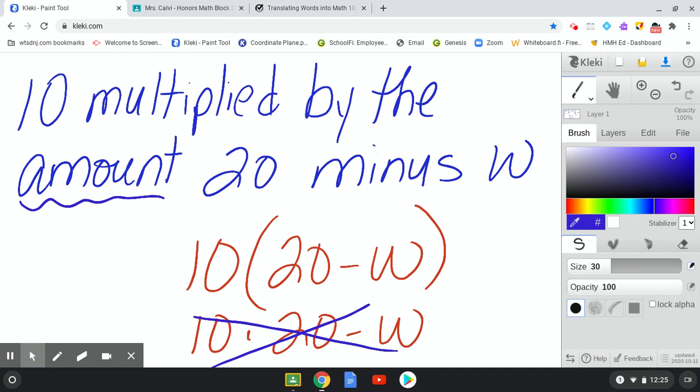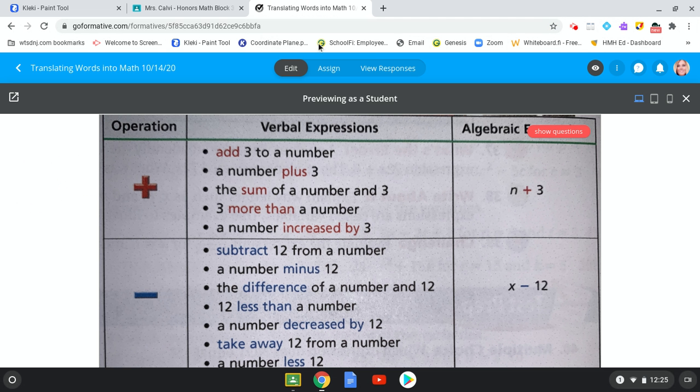I tried to give you guys a lot of examples. You will be seeing different examples within the homework. There is also this page that I attached to your homework, which is a little cheat sheet chart. If the verbal phrase is add 3 to a number, a number plus 3, the sum of a number and 3, 3 more than a number, or a number increased by 3, you would write n plus 3.